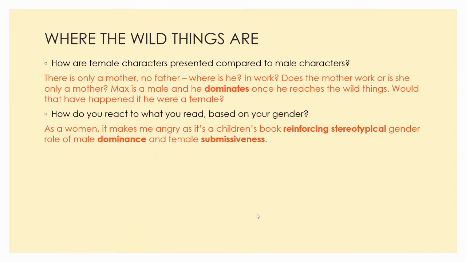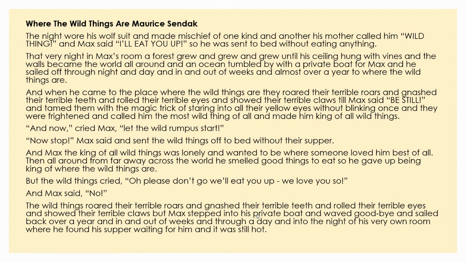I'm just going to take it back a moment because I noticed something. It's here, where Max tells them after the rumpus, "Now stop," Max said, and sent the wild things off to bed without their supper. It's something I hadn't written on the slide, but when I read it through to you just then, his mother is obviously very influential over him as well, because he is imitating her, because he was sent to bed without eating anything for being a wild thing.